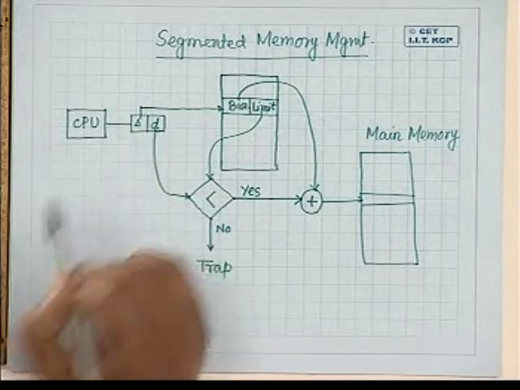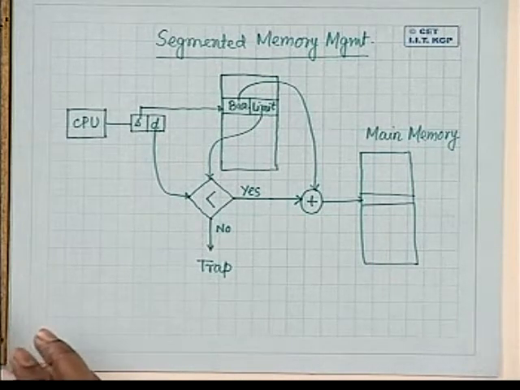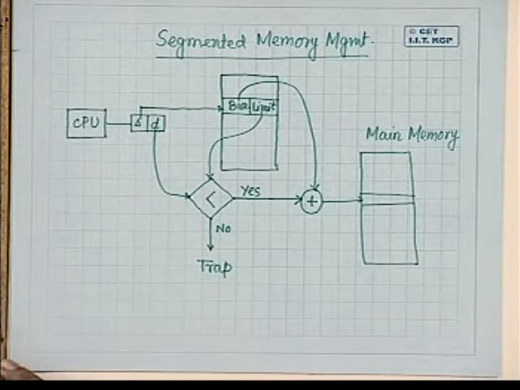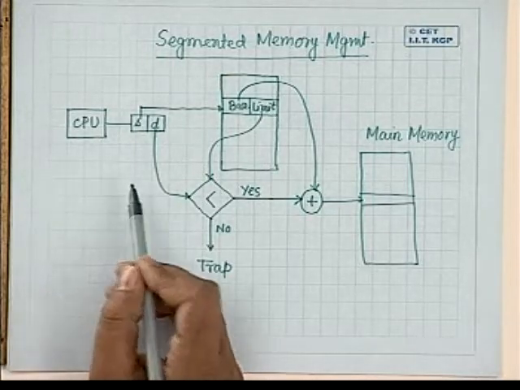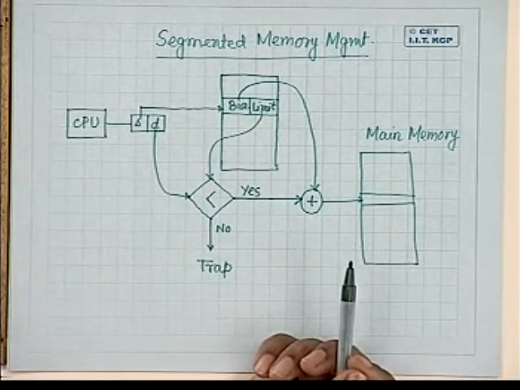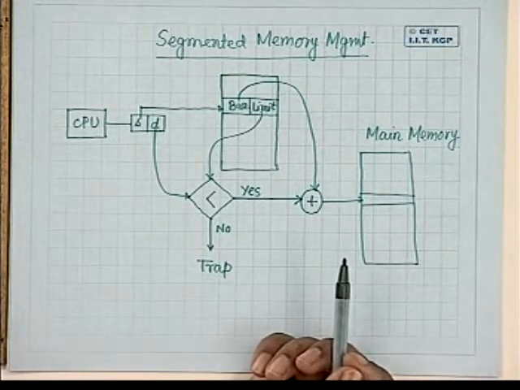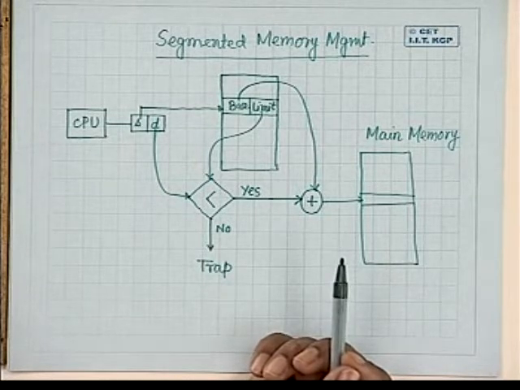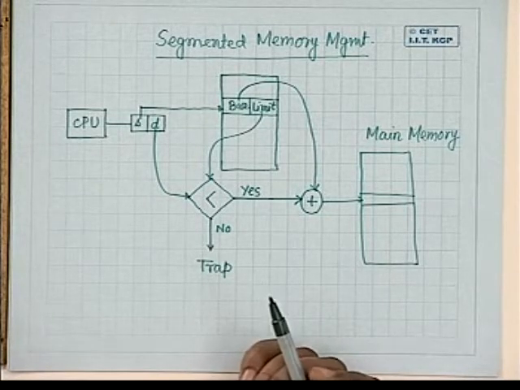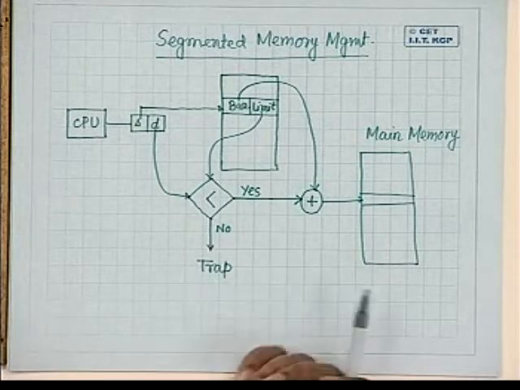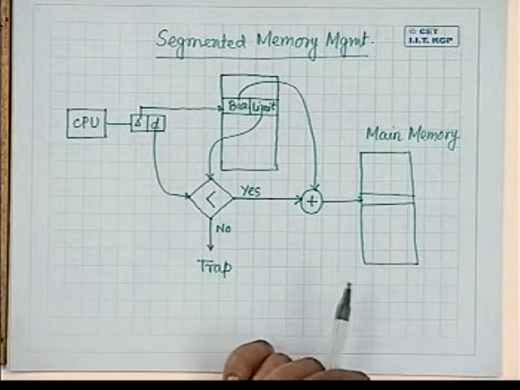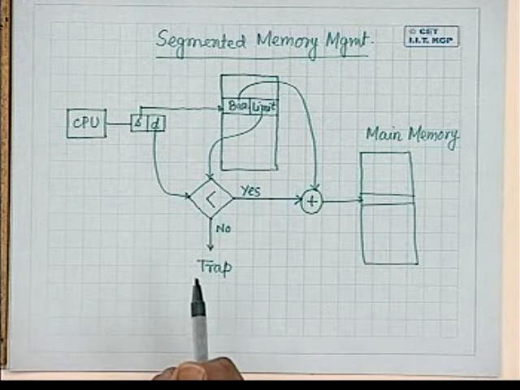Not only that, there is the sharing that we discussed in paged memory management, which is very easy. Here also, the sharing of segments may be applicable. Coming back to the same example of editing files, two or more users may like to execute the same edit program simultaneously.